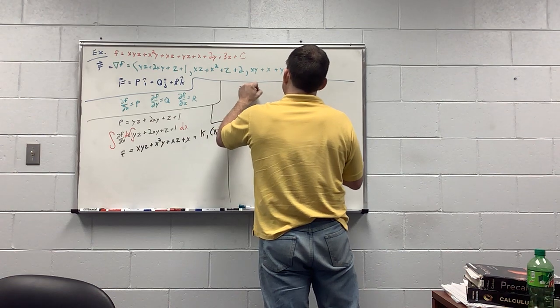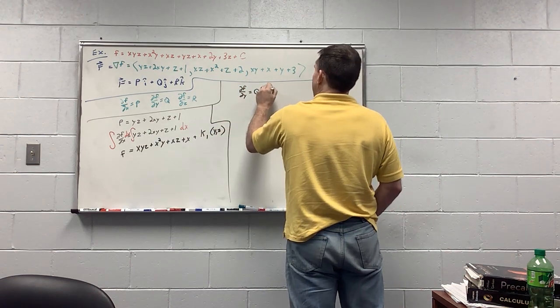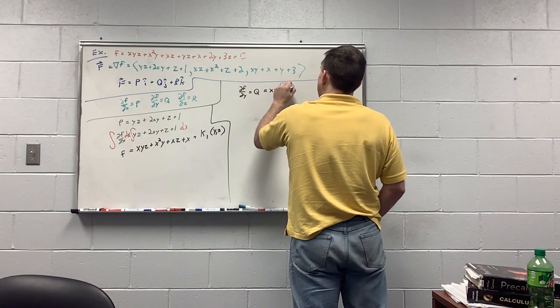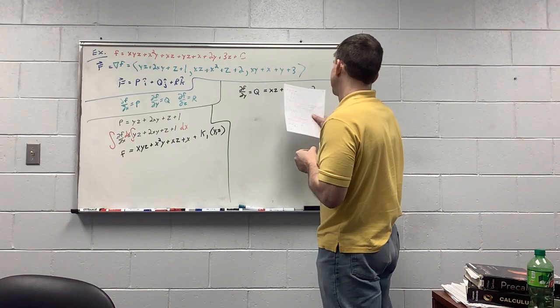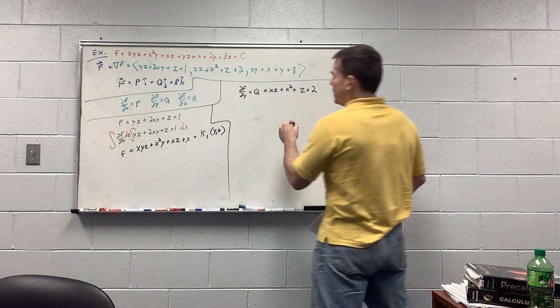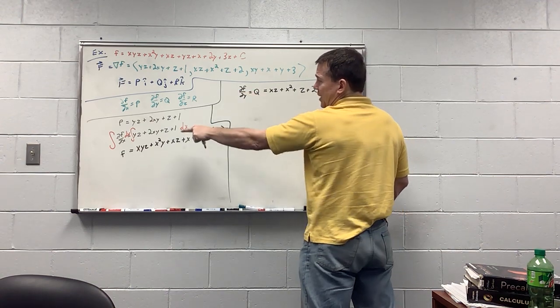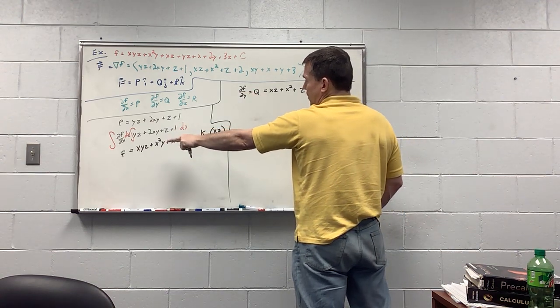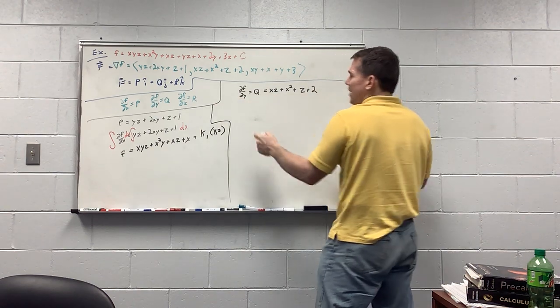I know that df dy is equal to q, which is equal to xz plus x squared plus z plus 2. But now I have f, so if I just take the partial of f with respect to y and set it equal to this, see what I get.